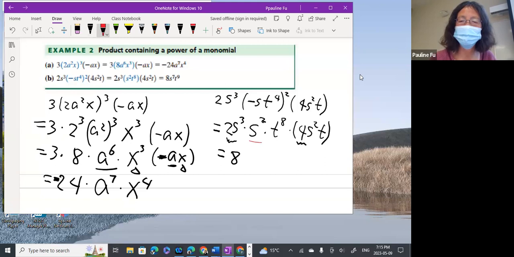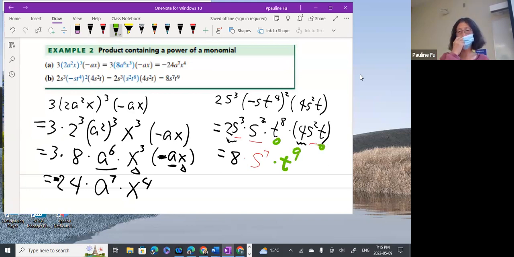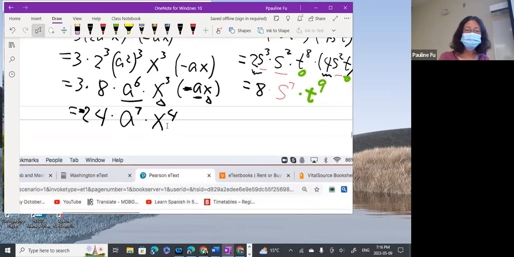And then s cubed times s squared is s raised to power 5... s raised to power 7. Next is t raised to power 8 times t, so t raised to power 9. Questions? All right.